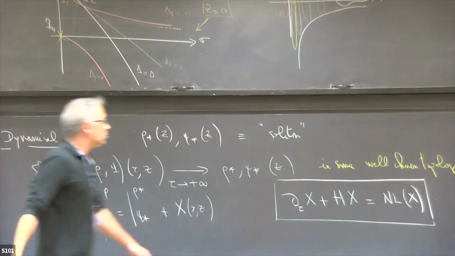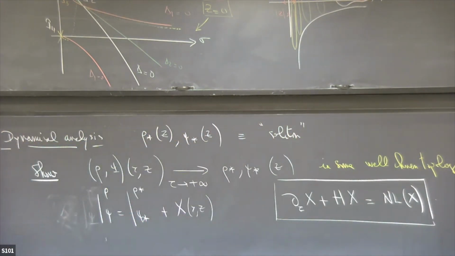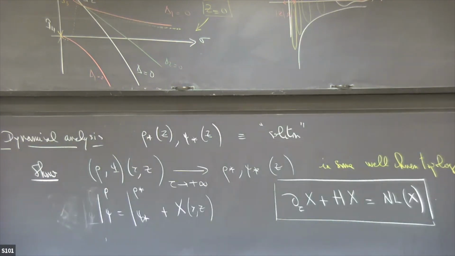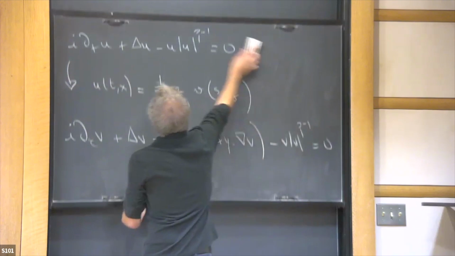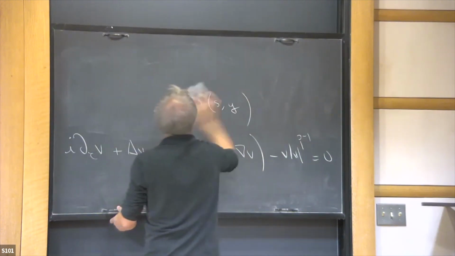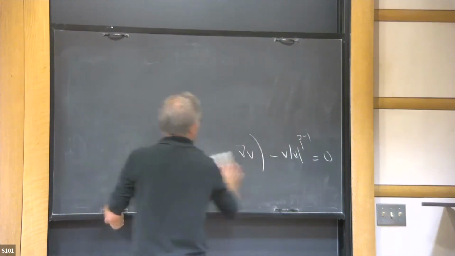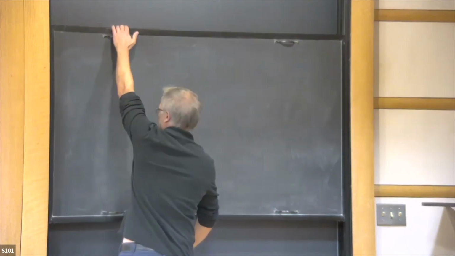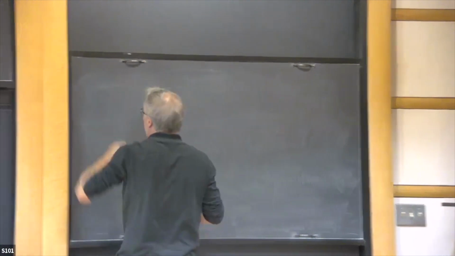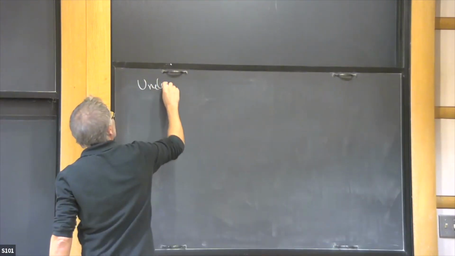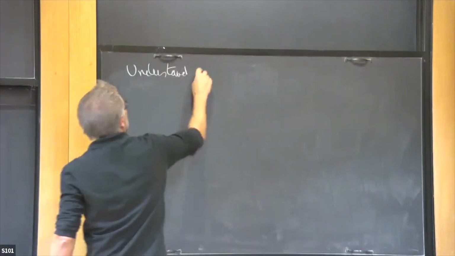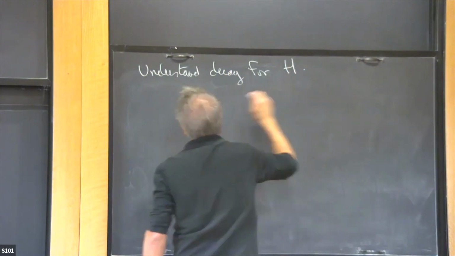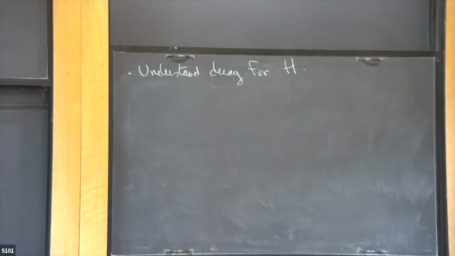Okay, and now what you want is very clear. What you want is decay for the operator H. You want to understand this. So this is a very interesting question.